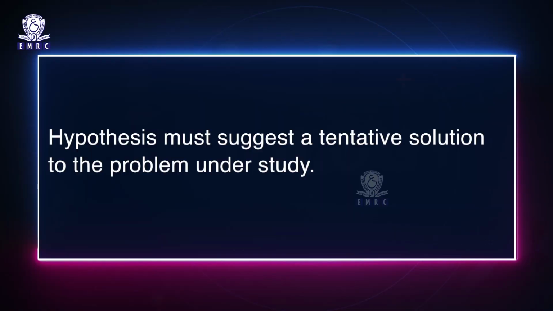It is important that variables should be measurable. If they are generic and cannot be measured, hypothesis framing will not yield correct results. Thirdly, a hypothesis must suggest a tentative solution to the problem under study.